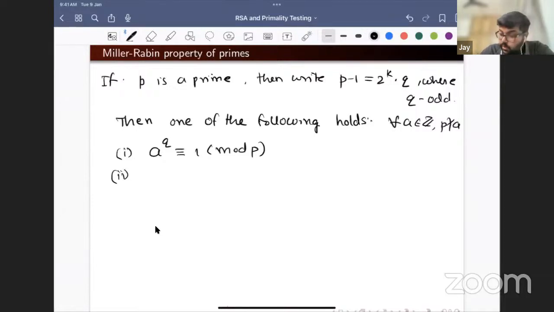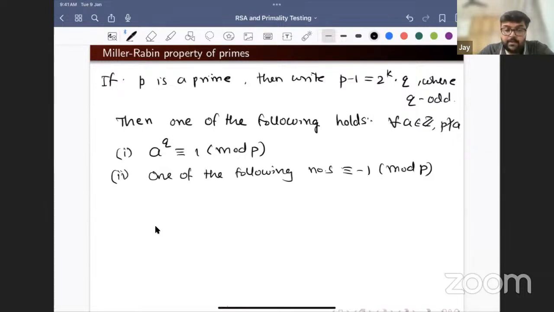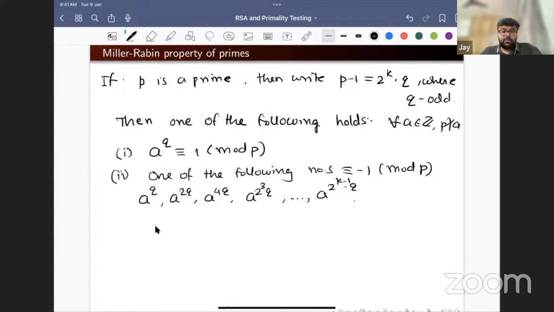Either this holds, or one of the following numbers is congruent to minus 1 mod p. What are these numbers? Start with a power q, then square it, a power 2q, then square it, a power 4q, then a power 8q, which we can write as a power 2 cubed times q, and so on, up to a power 2 raised to k minus 1 times q. One of them is congruent to minus 1.